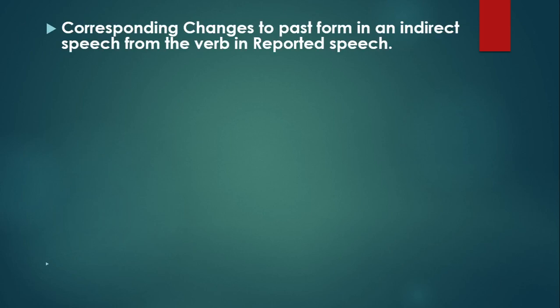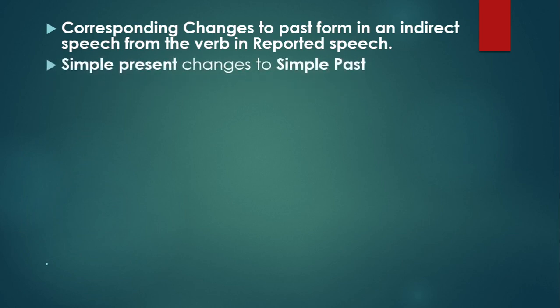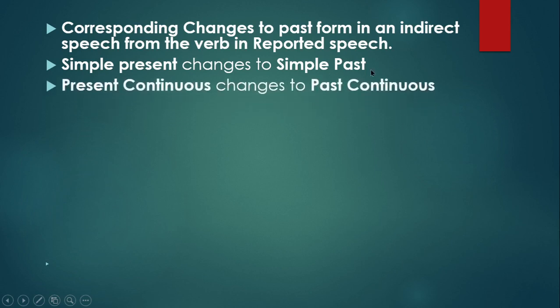Okay, corresponding changes to past form in indirect speech from the verb in reported speech. So simple present changes to simple past. If you have simple present in reported speech, then it will be changed into simple past tense. Present continuous changes to past continuous.